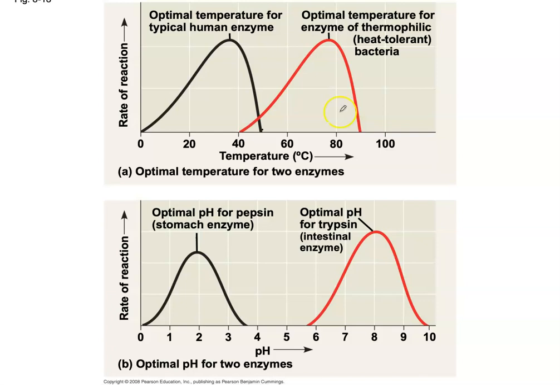In the same way, you'll notice that with acids, the pH in your stomach is between 1 and 3, and the optimal functioning range is at 2. So the enzyme pepsin breaks peptide bonds.